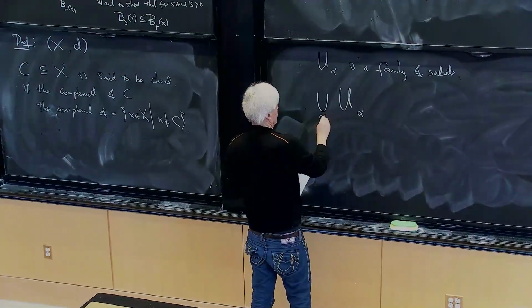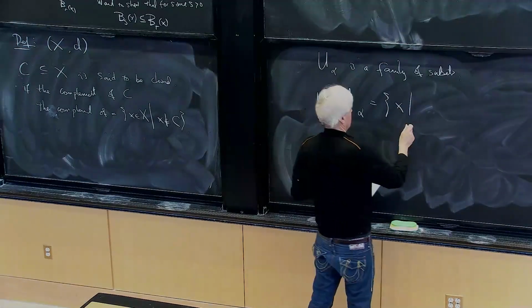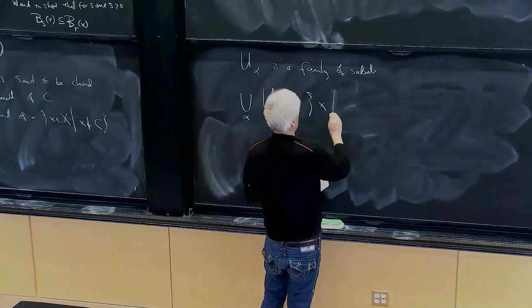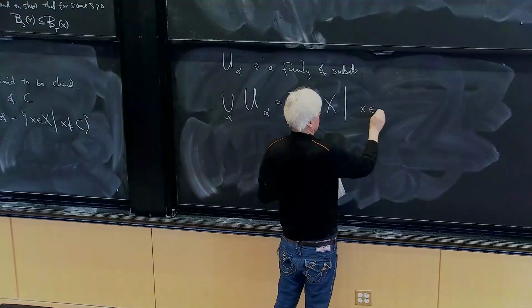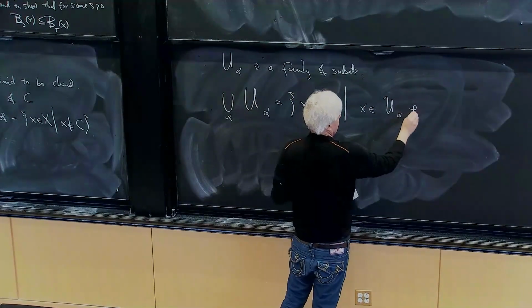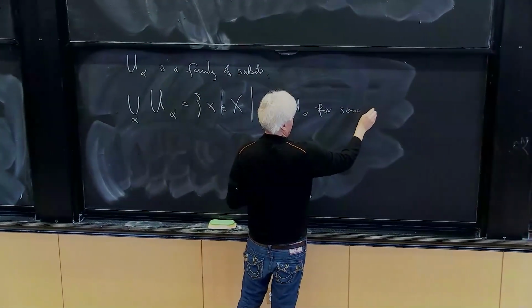This is denoted like this, and this is the X in X such that X is in U alpha for some alpha.